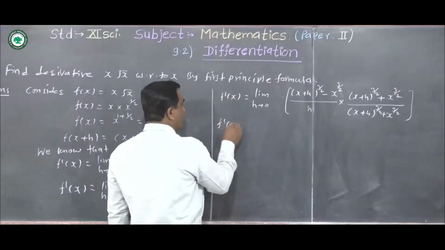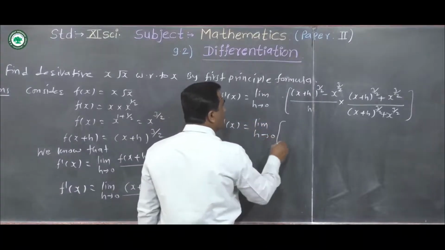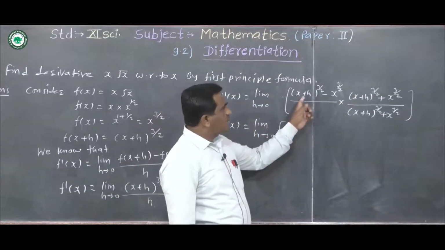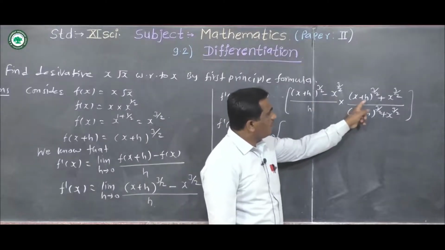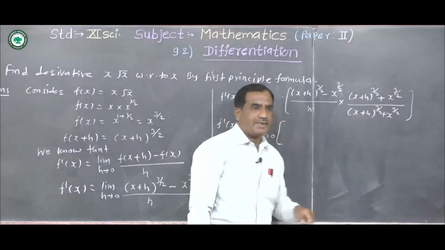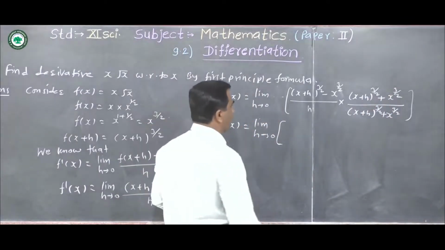f dash of x is equal to limit h tends to 0. At the numerator here, this term is a, this term is b: a minus b into a plus b. We can use the formula (a minus b) into (a plus b) equal to a square minus b square.